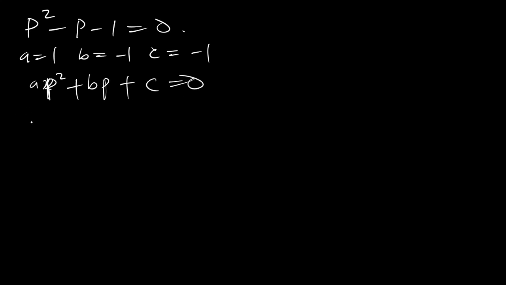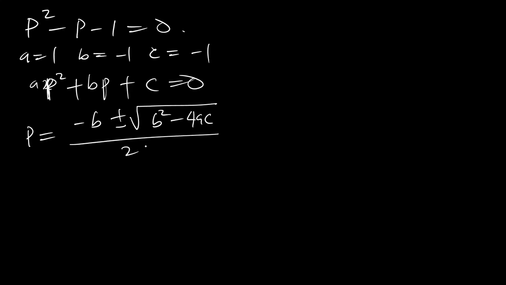Now the formula is p equals minus b plus or minus the square root of b squared minus 4ac, divided by 2a.